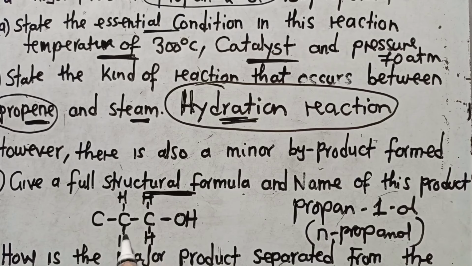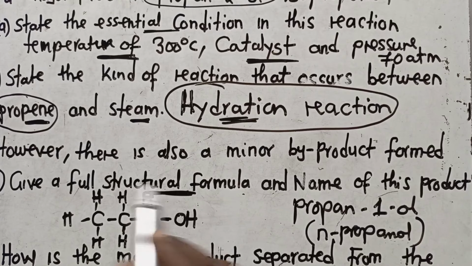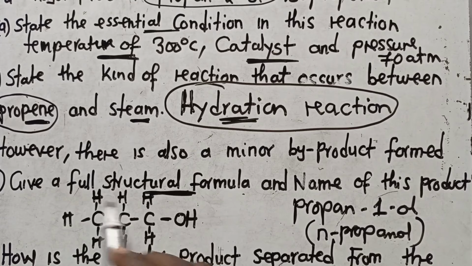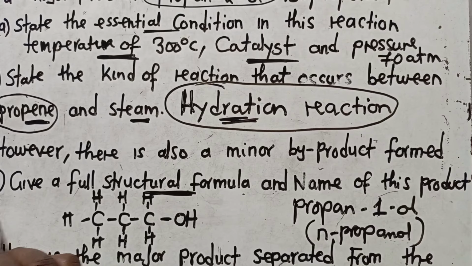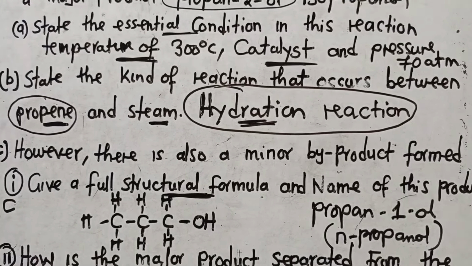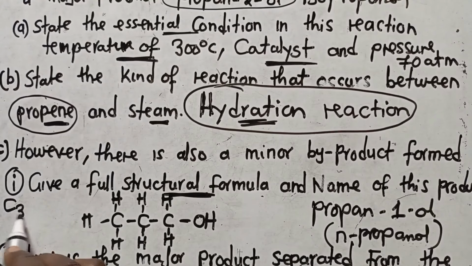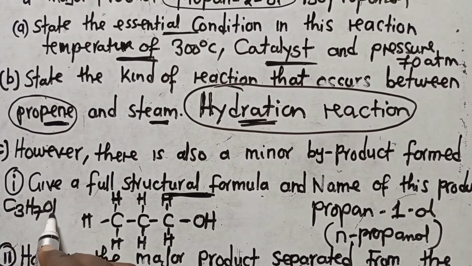This is the structural formula for propanol. We have three carbons, so I say C3H7OH. This is what we are calling propan-1-ol.